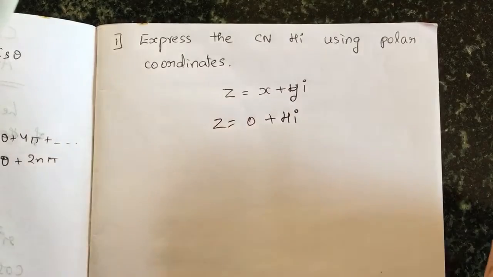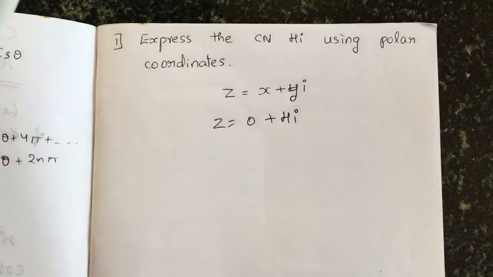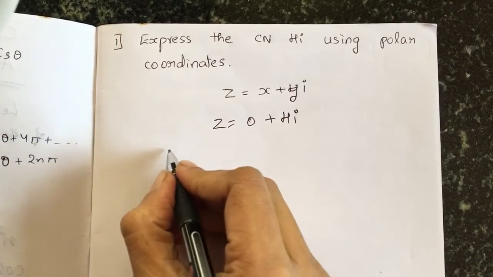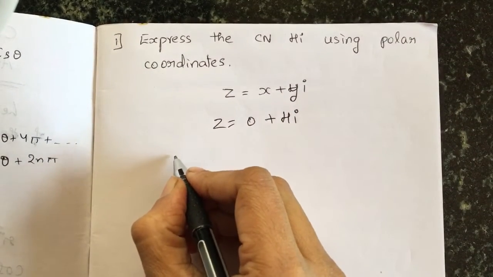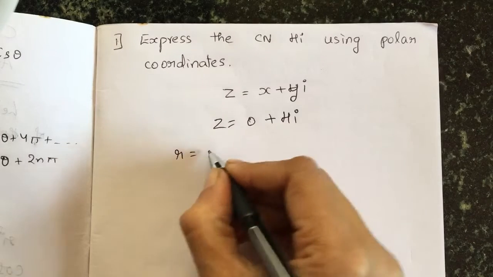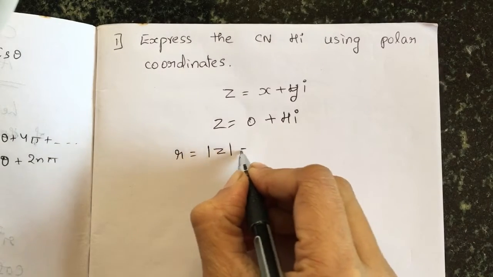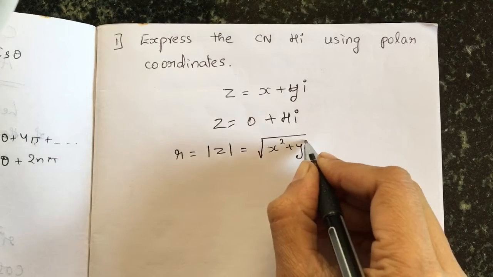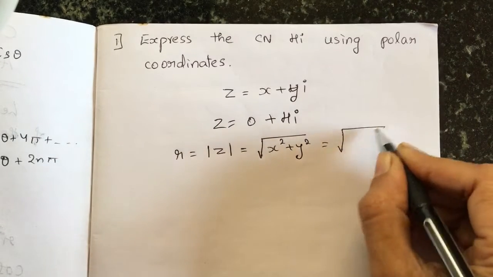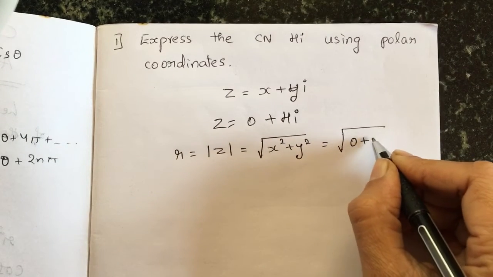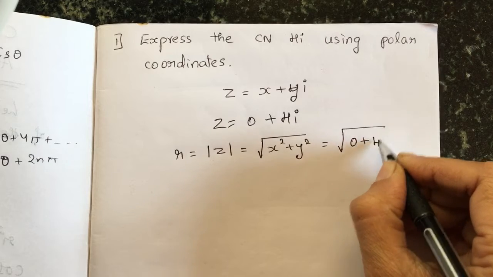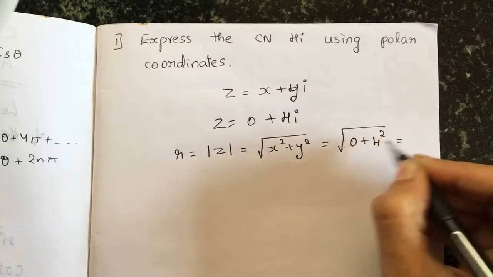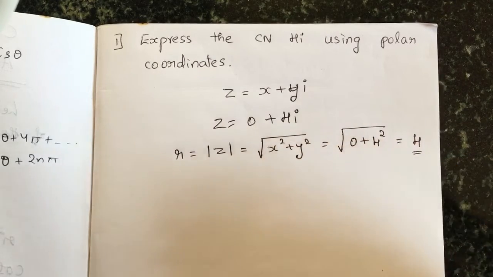In this case x is 0 and y is 4. First we have to calculate r, which is the modulus of z, root of x square plus y square. That is root of 0 plus 4 square, which is root 16, that is 4. So the value of r is 4.